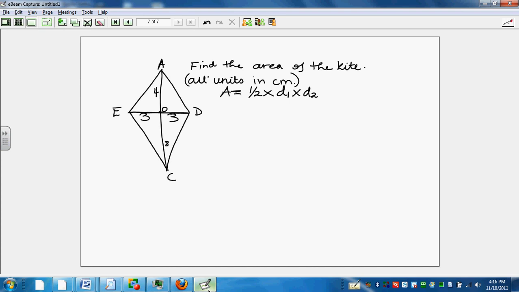So in this case, it would work out to be a half times D1. We could choose any one as D1. Let us choose one diagonal D1 to be A to C, right? A to C. So that will be 4 plus 8. To get that diagonal, we call that diagonal AC.